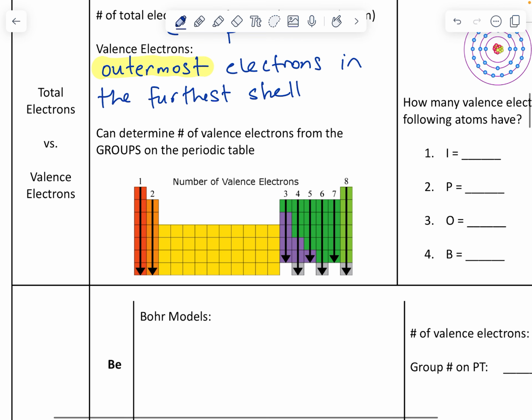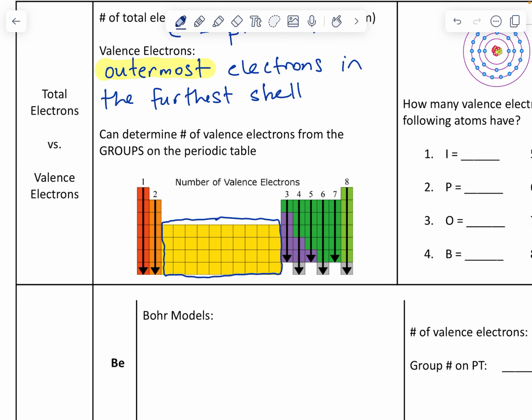But we have this whole middle group here, these elements over here on our periodic tables, that we say are kind of like secondary groups. The main groups that we want to focus on are the ones that kind of protrude out up here. And again, this is more intro, a lot of this is going to be explained more when we get to our electron configuration later this unit.